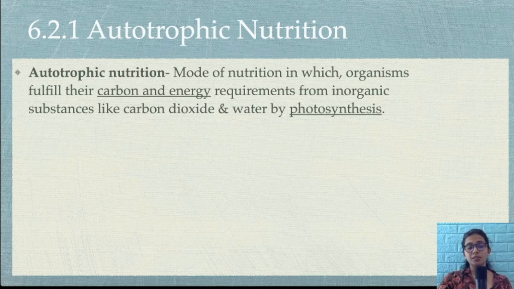And what is the process that they use for doing this? That is by photosynthesis. So let's read that again. Autotrophic nutrition is the mode of nutrition in which organisms fulfill their carbon and energy requirements from inorganic substances like carbon dioxide and water by photosynthesis.